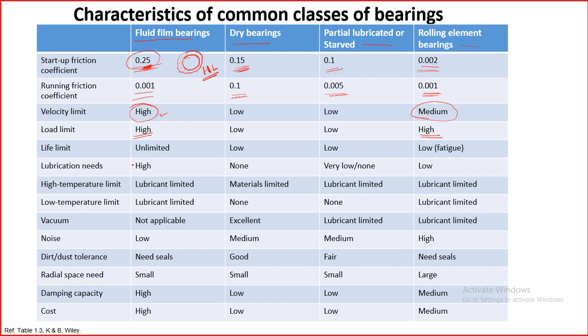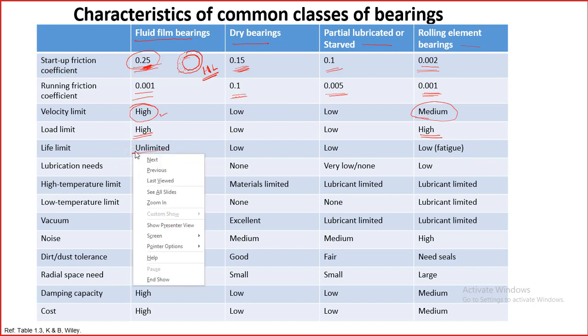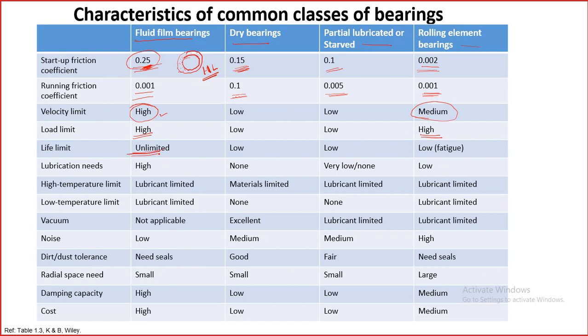Life: fluid film bearings have unlimited life because the fatigue life is very high, whereas rolling element bearings have low life because of the fatigue problem. So you will often see that rolling element bearings fail because of the fatigue problem.